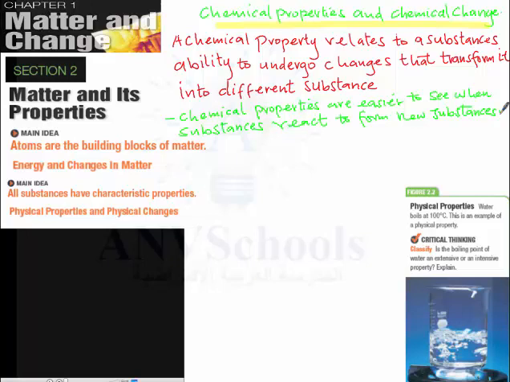If you take carbon, for example, and burn it in air, the oxygen will react with it, and the byproduct will be carbon dioxide gas.